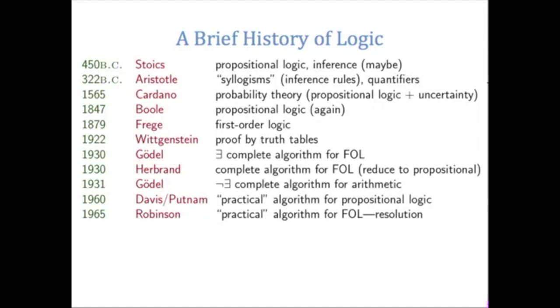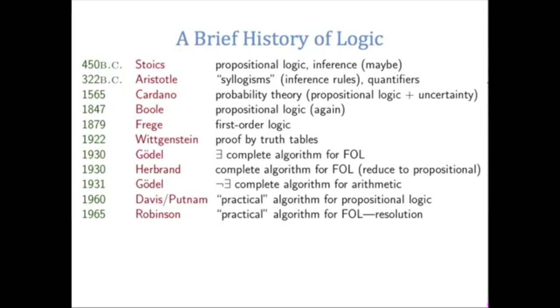And Frege then, shortly thereafter, developed first order logic, which we've been studying for the last couple days. Wittgenstein, among other things, showed how to do proof using truth tables, and we've seen truth tables a little bit in our class. For instance, when we showed an alternate way of representing implication.